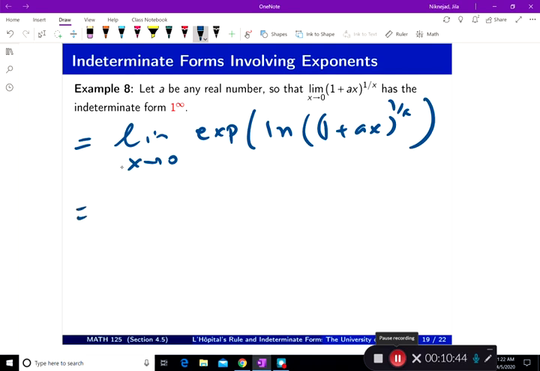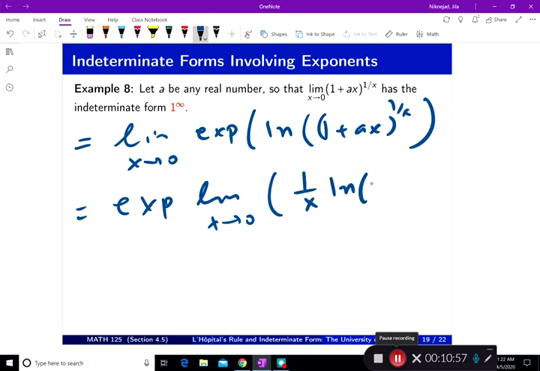And I can even bring the limit in as soon as I see it. Limit, and then simplify the natural log. It's 1 over x times natural log of 1 plus ax. And now I have a natural log of 1 is going to be 0, 1 over x is going to be infinity.